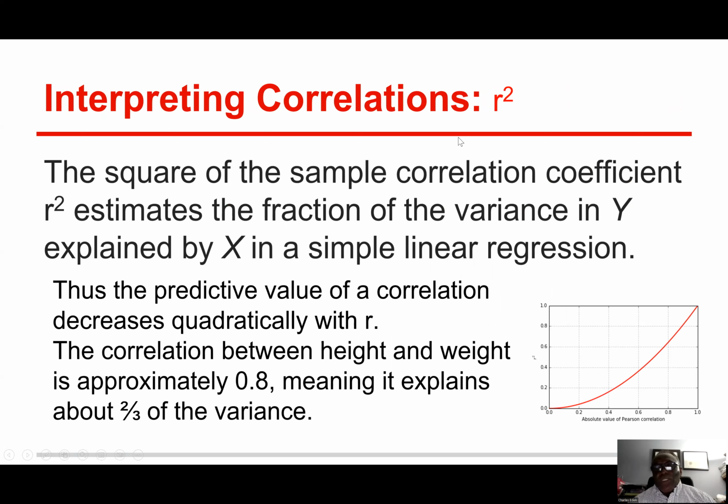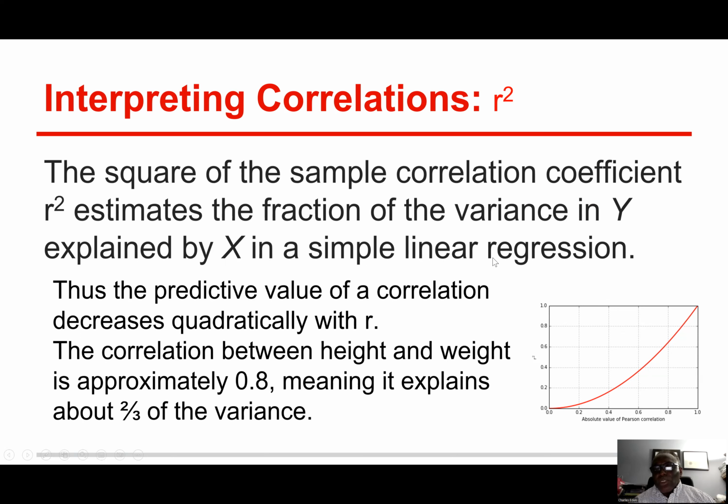After we find the R value, we can find what we call the R square. The square of the sample correlation coefficient, which is R square, estimates the fraction of the variance in Y that is explained by X. Here we are assuming Y is our output variable and X is our input variable.